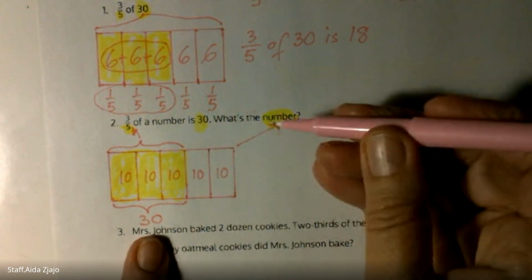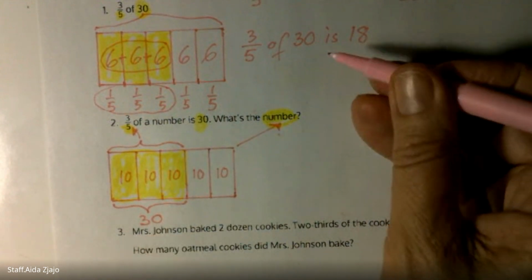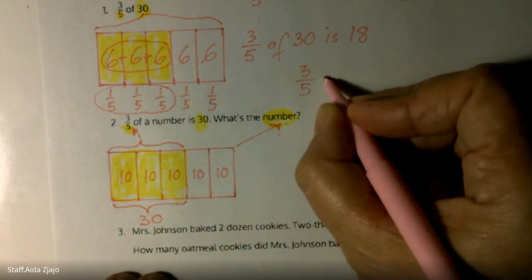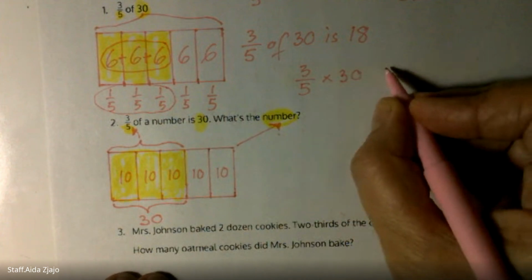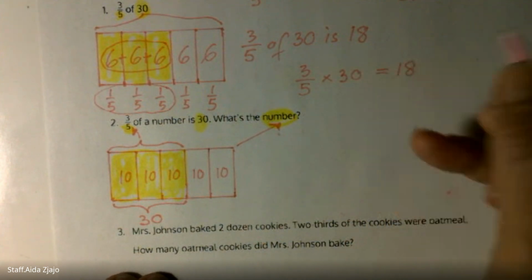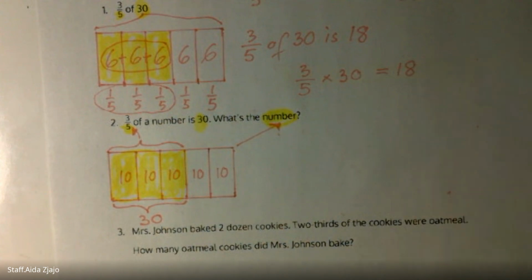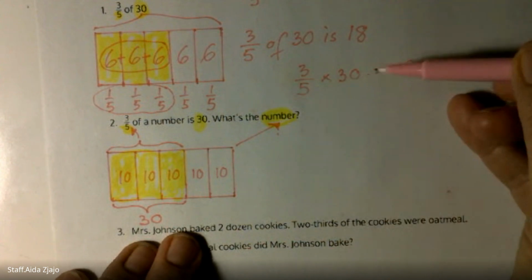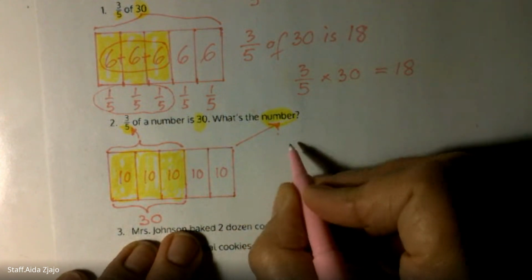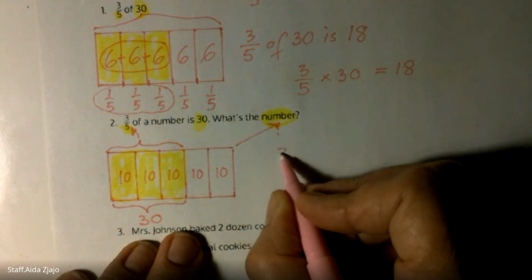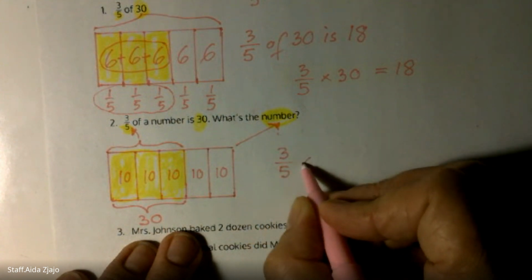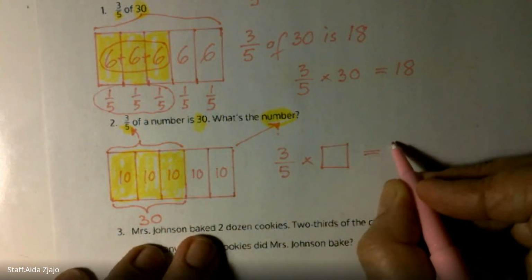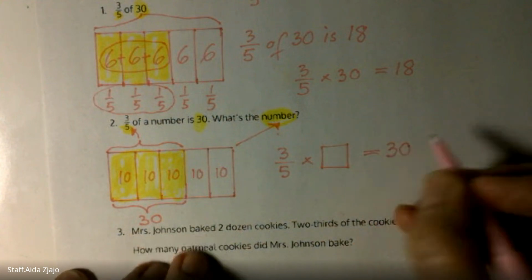Like we did here, 3/5 times 30 equals 18. Here it was the opposite. We needed to know 3/5 of what number equals 30.